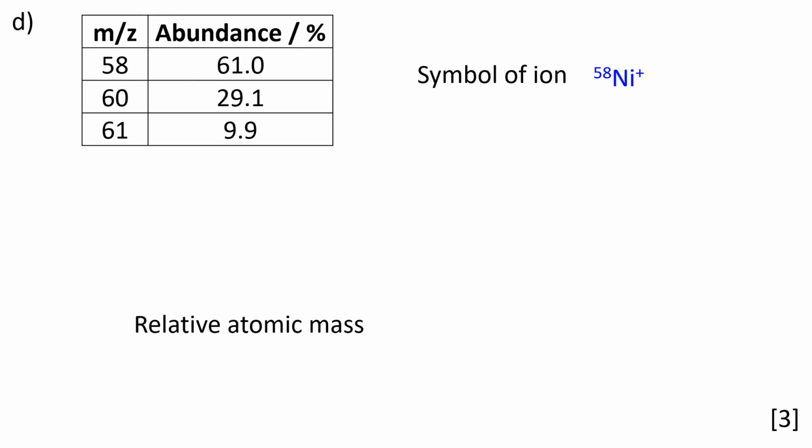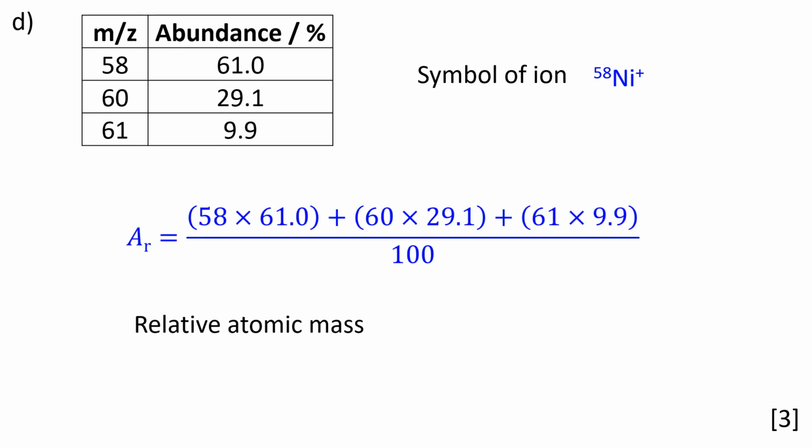To work out the relative atomic mass, we have to get the average mass of the atom, and so we have to use this equation. So 58 multiplied by the percentage of the isotope 58, 60 multiplied by the percentage of the isotope 60, and 61 multiplied by the percentage of that.